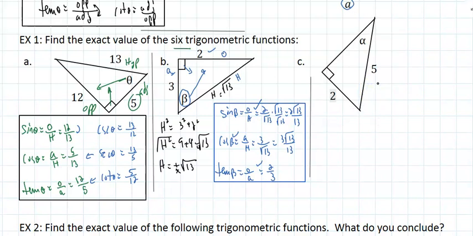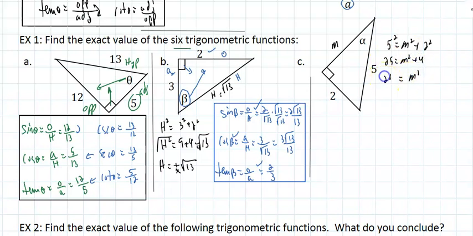So I could say here, hypotenuse, call this side M. So I could say 5 squared equals m squared plus 2 squared. 25 equals m squared plus 4.